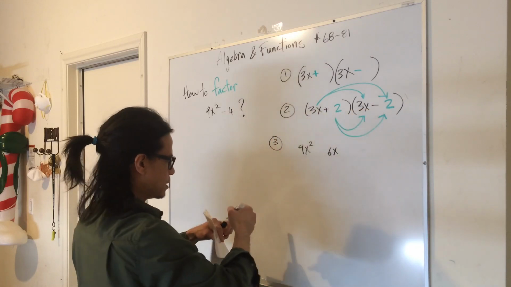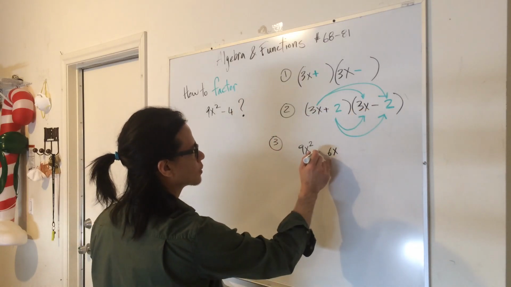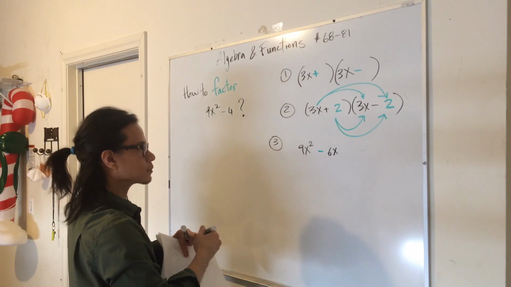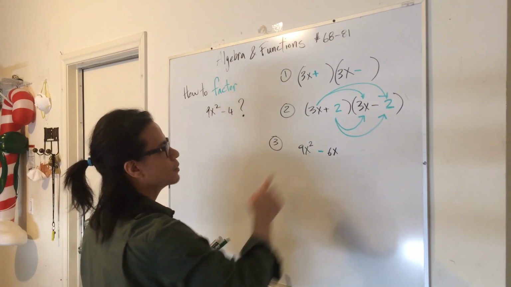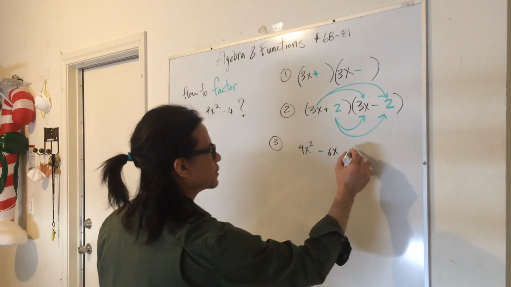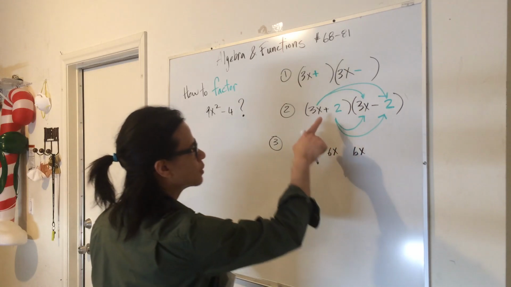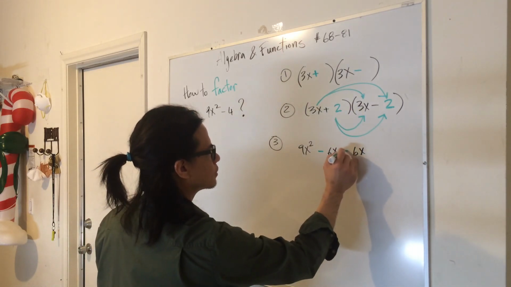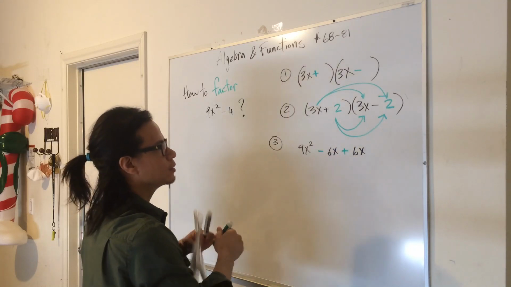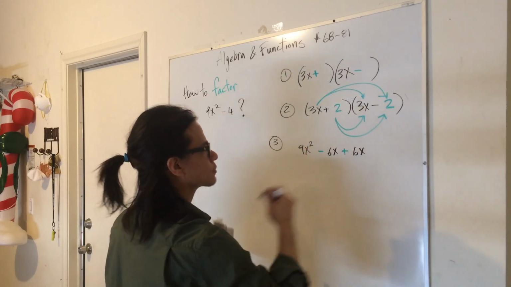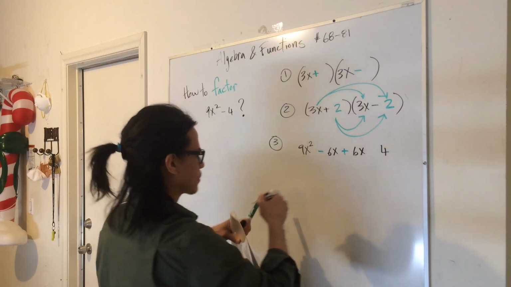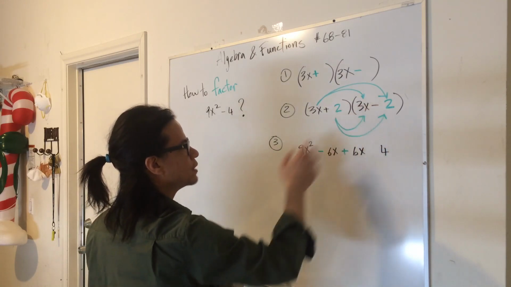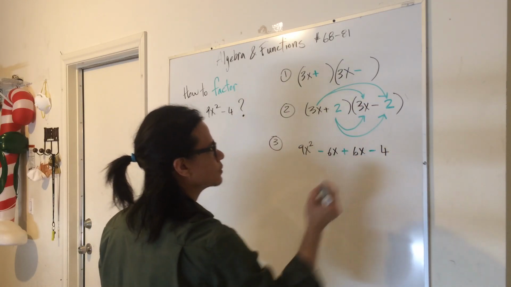Positive times negative is negative. Two times 3x is 6x. Positive times positive is positive. 2 times 2 is 4. Positive times negative is negative.